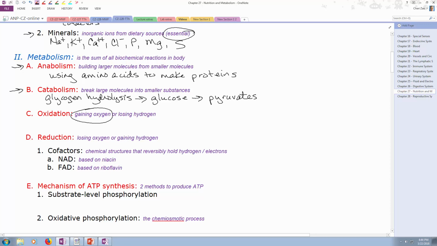But we are more interested in the flip side of this definition, which is losing hydrogen. So oxidation, remember, something gets oxidized, it gains oxygen, but more importantly, I want you to remember it loses hydrogen and it loses electrons.